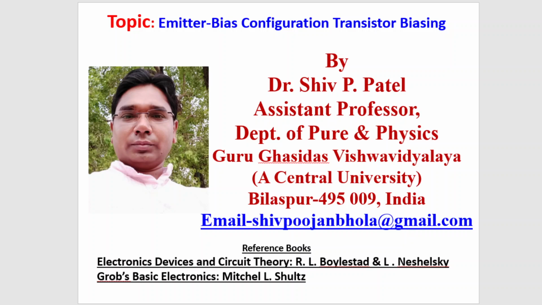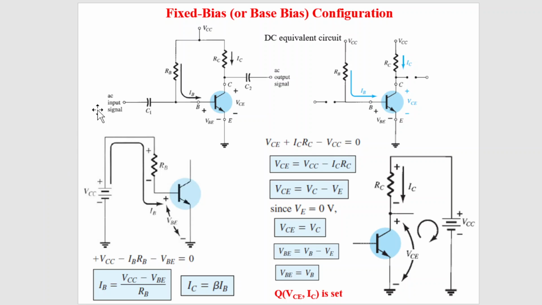So in my previous lecture, I have discussed transistor biasing, in which first I introduced the concept of fixed bias or emitter bias configuration, and there I gave the concept, introduced the theory, and we used one DC power supply.